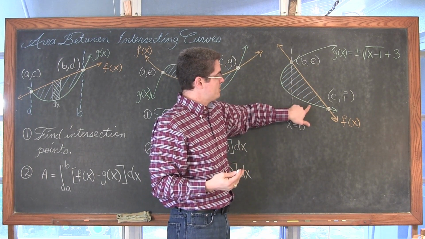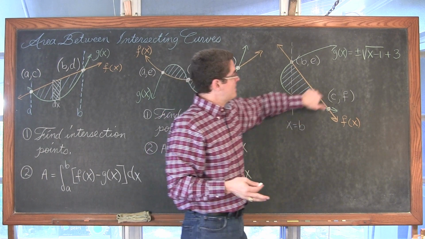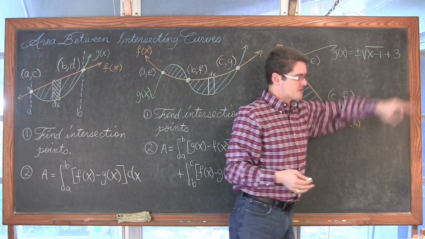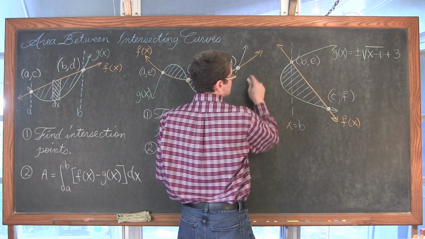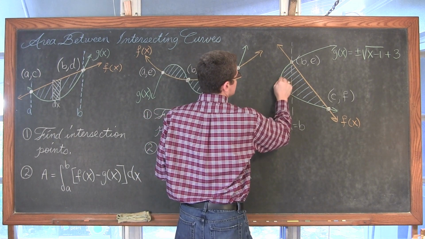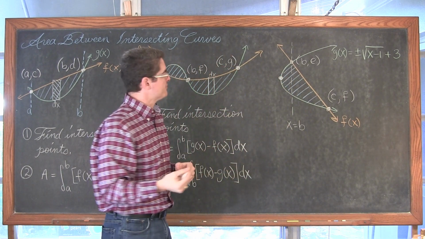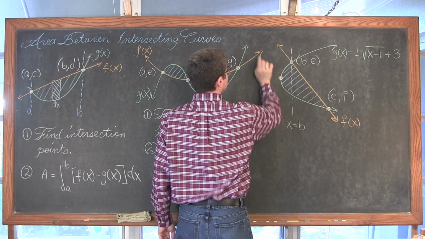Function f is greater than function g of x. Now it's plus or minus the square root of x minus 1 plus 3. So with a parabola, we'd be calling this the vertex, and we're going to label this as point A.